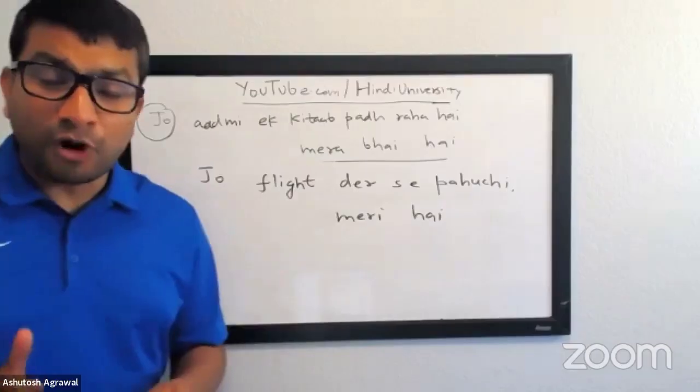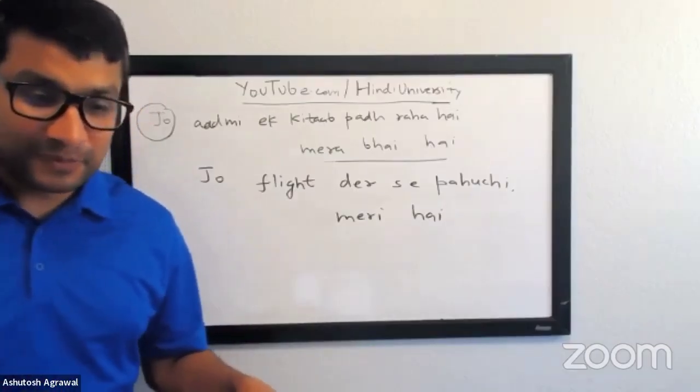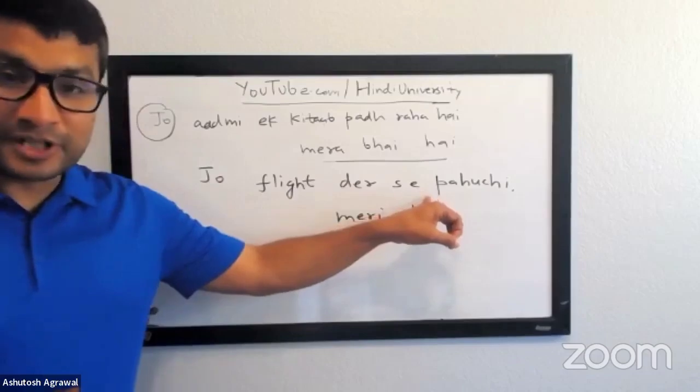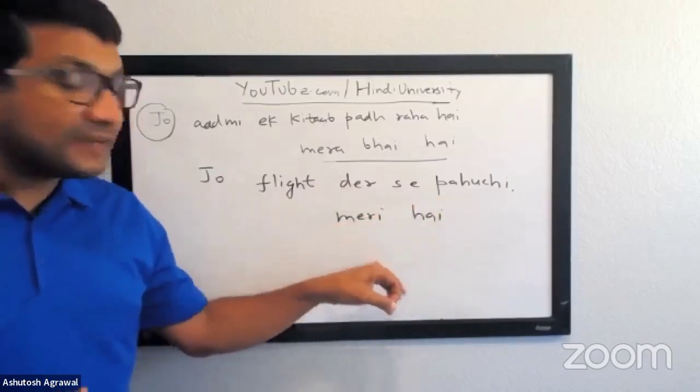You can, if you want, if you are very adventurous, you can make two separate sentences first. Okay, फ्लाइट देर से पहुंची. ओके, और you can say मेरी फ्लाइट देर से पहुंची.